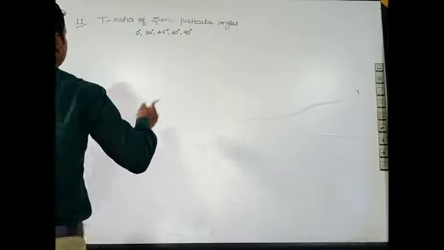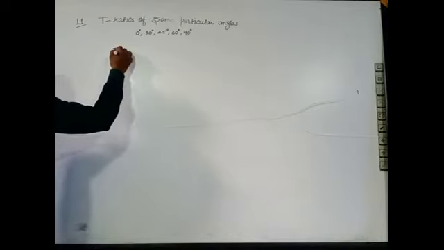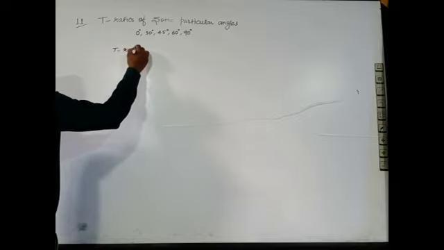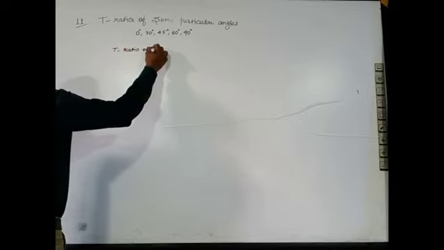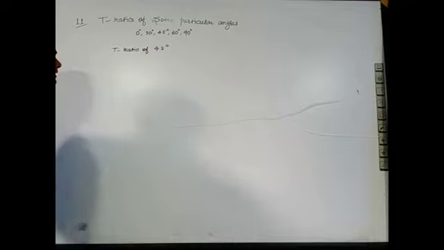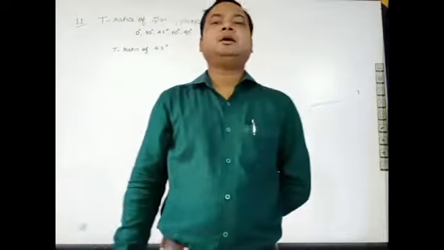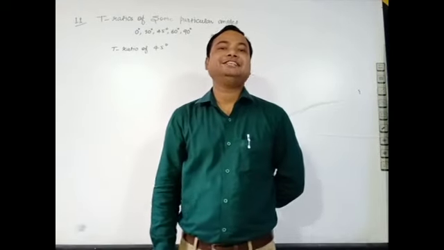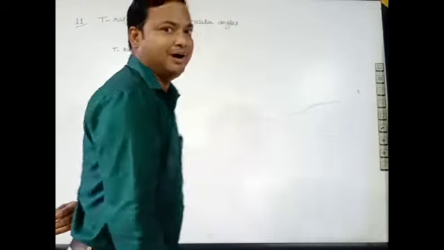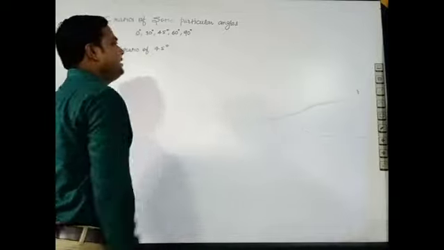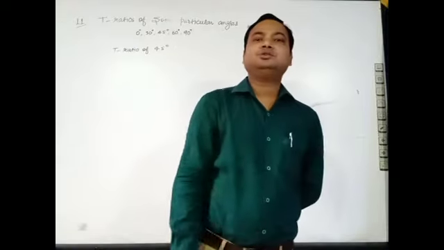Now then look, T ratio of first of all 45 degree. T ratio of the value of 45 degree, how to find? Geometrically. By geometrically, how can we find the value of 45?